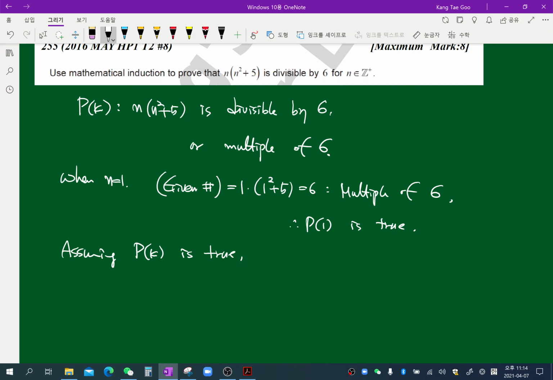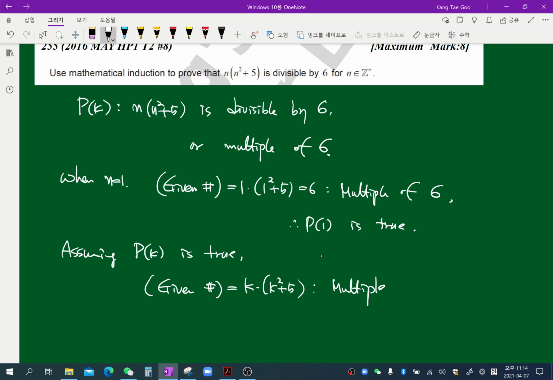Which means the given number here, in this case k times k squared plus 5, is a multiple of 6, so I can rewrite this in this way.